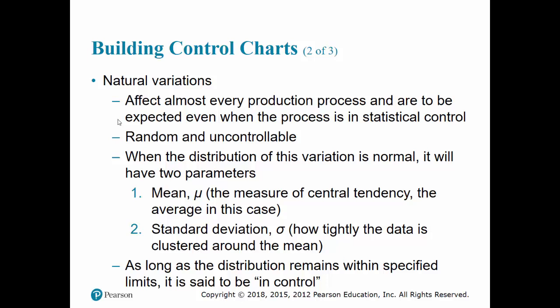When the distribution of this common cause variability is normal, it will have two parameters. There is the mean, which is the central tendency of the process, and then there is the standard deviation, which measures the degree of variability around that mean.